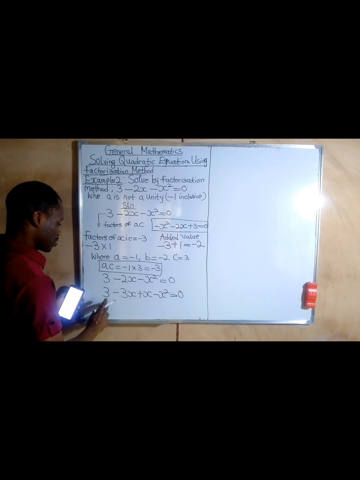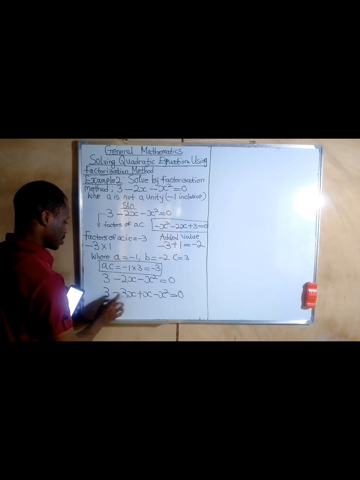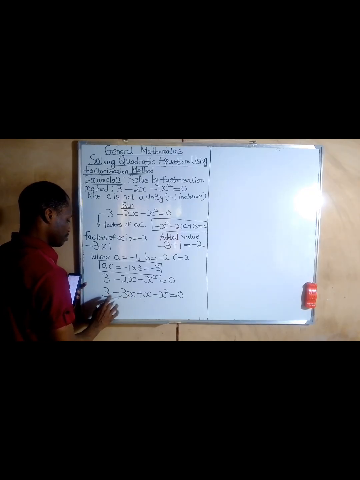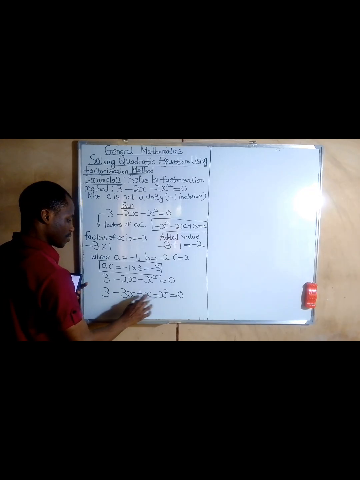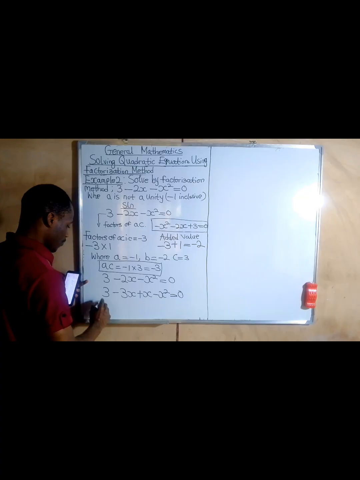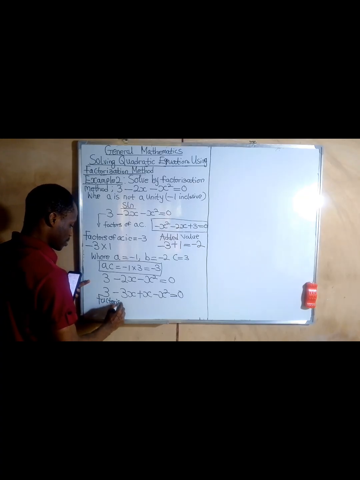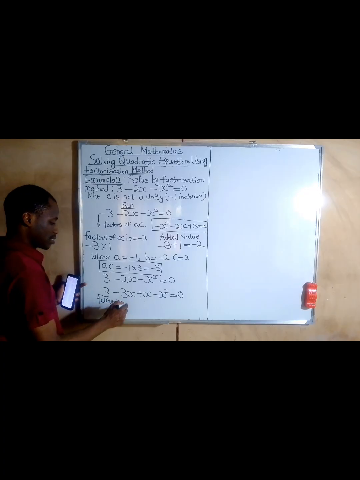Now, if you want to factor out, the highest common factor here is 3, and what will be left here is 1 minus x. The highest common factor here is x, and what will be left here is 1 minus x. Good. So to factorize, I'll have to divide these sides.